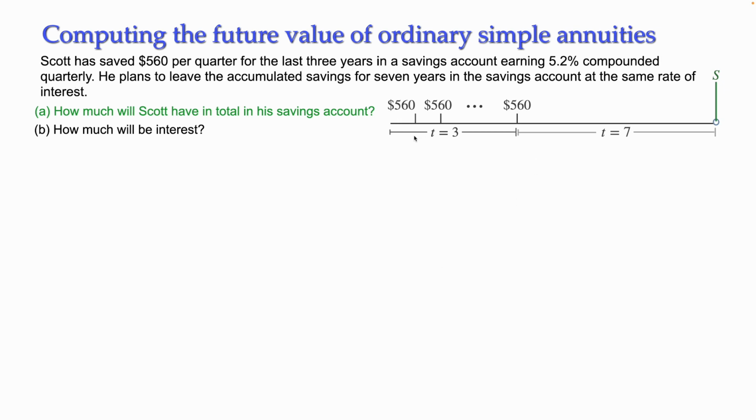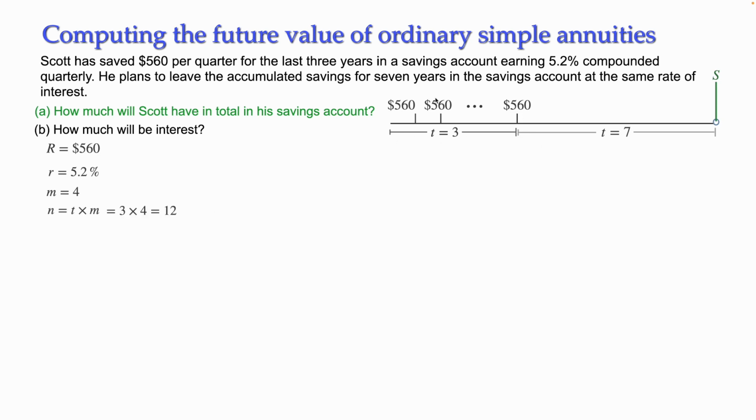So what information do we have in this part of the problem? We have the payments 560, the interest is 5.2% compounded quarterly, the number of compound periods or payment periods, that is the same, is 4 per year. And we know that the time is 3 years. So I'm thinking only in this part.